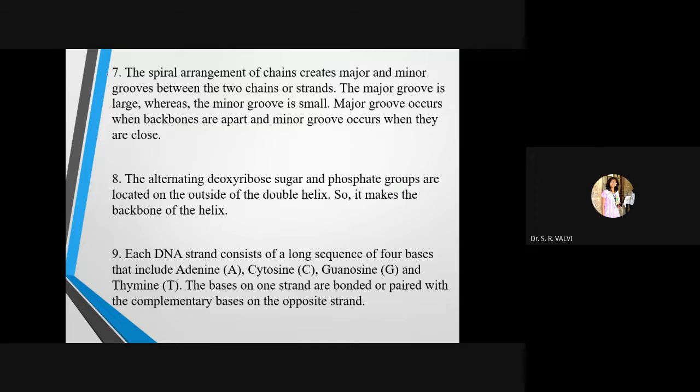Next, the spiral arrangement of the chains creates major and minor grooves between the two chains or strands. The major groove is large, obviously, and the minor groove is small. The major groove occurs where the backbones are apart.